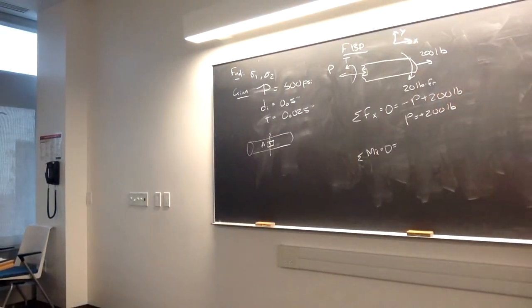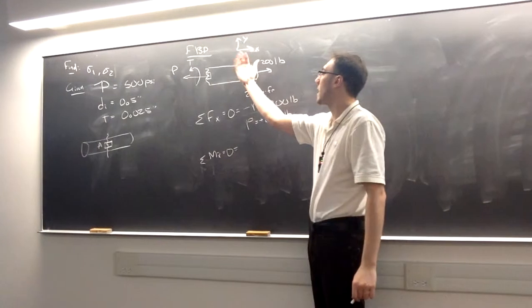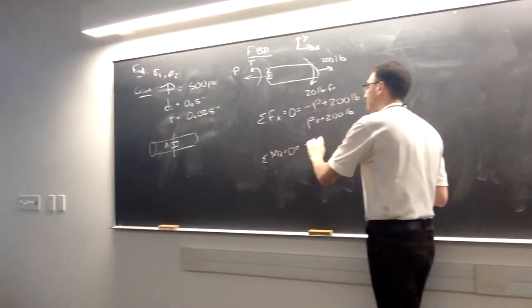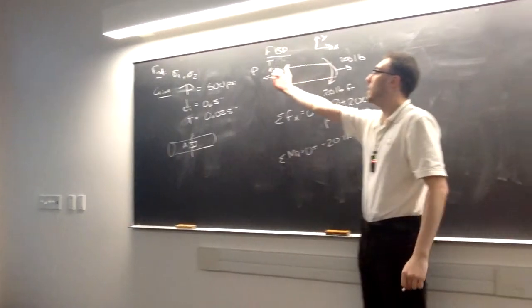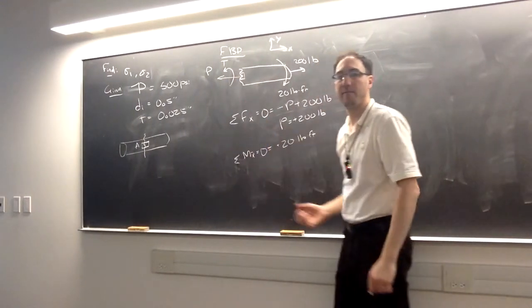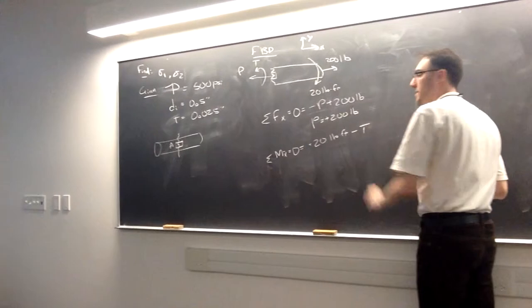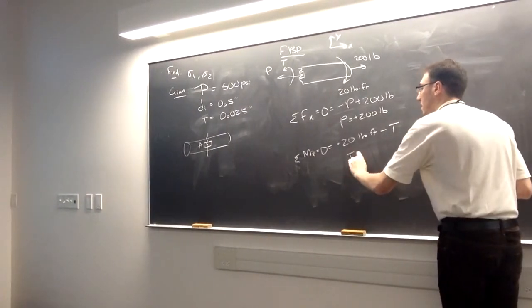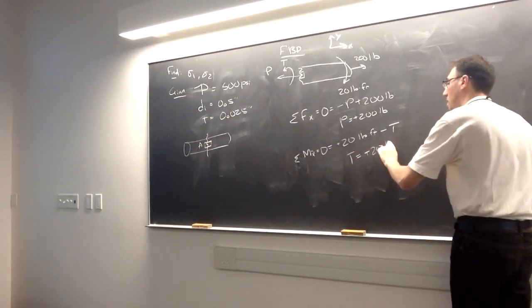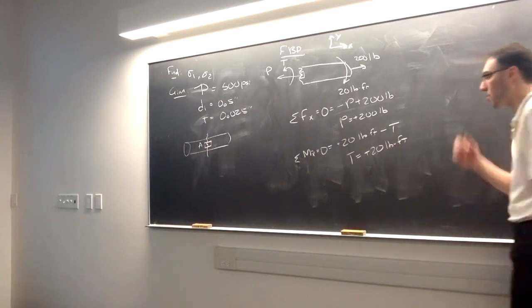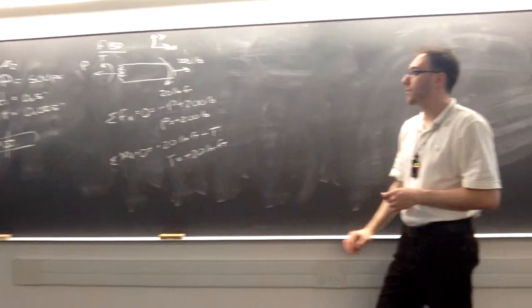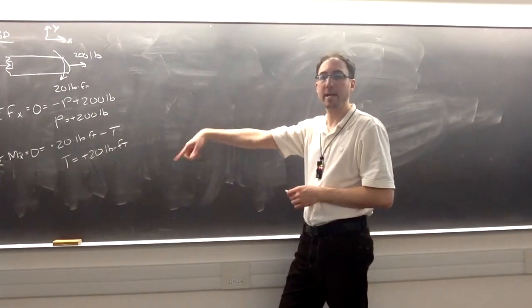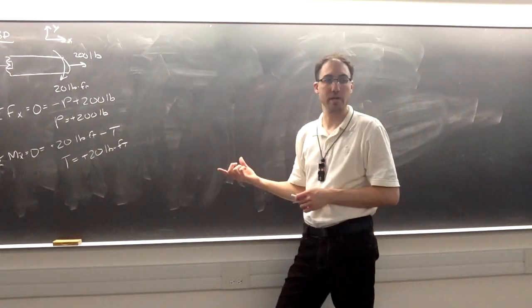And summing moments around the x-axis, I'm going to have a positive 20 pound-feet, and then T is going to be negative around my x-axis, so minus T. So my internal torsion is positive 20 pound-feet. I have the two internal forces, P and T. I have a pressure that's also going to cause a stress.